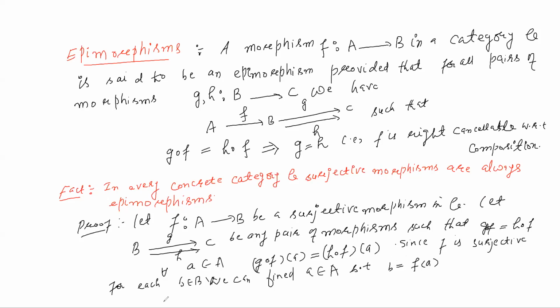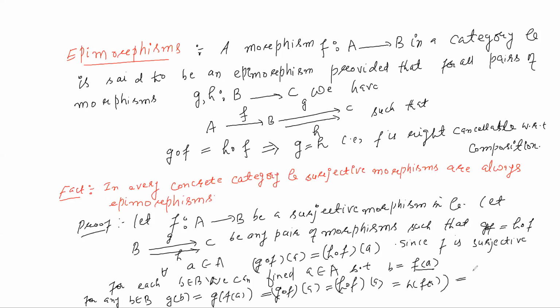Now we show that G is same as H. So you take any b in B and see what is the image of this under G. Now G of b is, b is F of a, so G of F of a means it is G composition F of a, but here it is same as H composition F of a, which is H of F of a, and which is H of b.